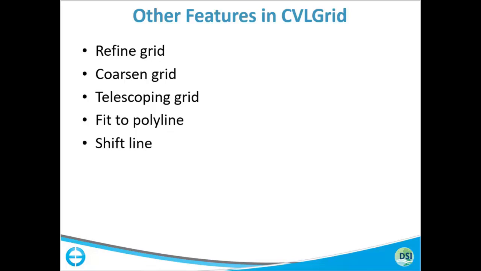A telescoping grid is a grid where at the start it will be a little bit detailed, and when you move further from the origin point, it will be more coarse. You can create those kinds of telescoping grids in CBL Grid. You can have a polyline, and you can drag your grid to fit that polyline exactly. You can shift by dragging your whole grid to a different location.